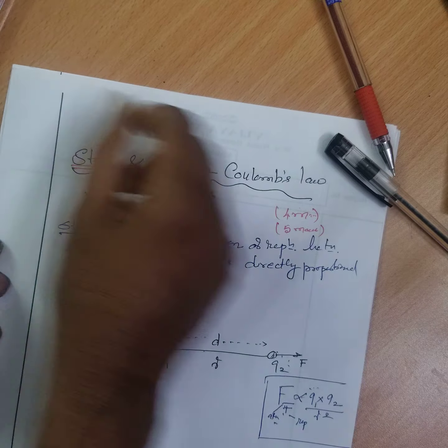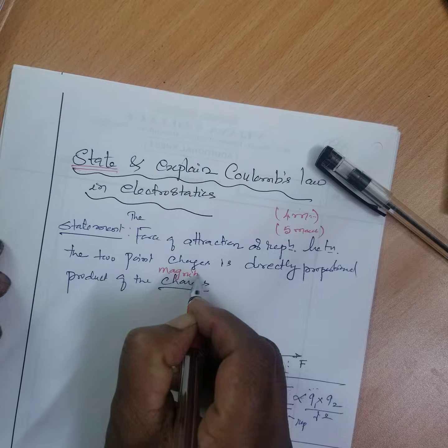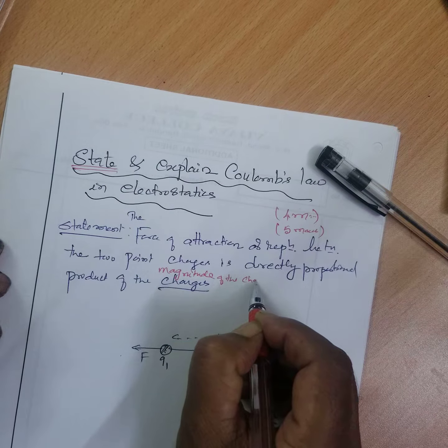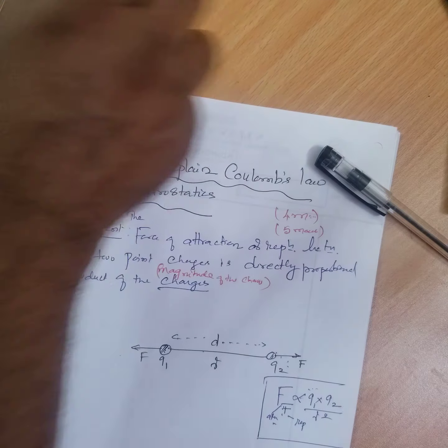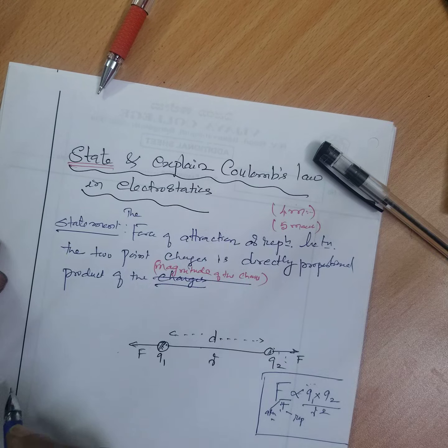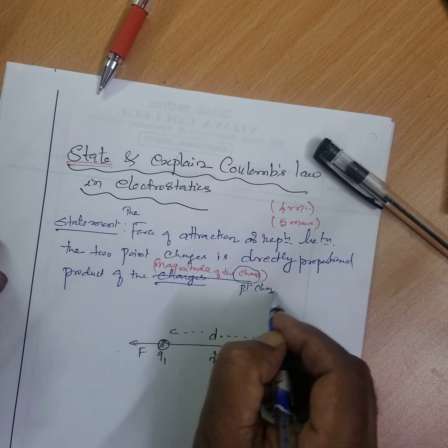Charges alone you should not write, write the magnitude of the charges. Magnitude of what charges? Point charges.